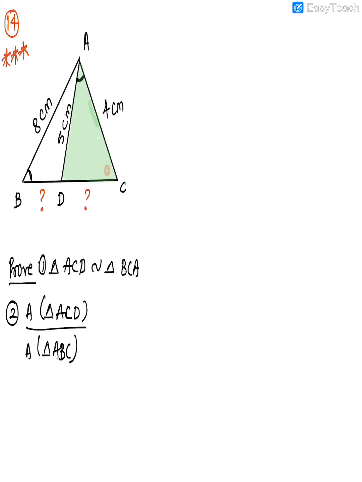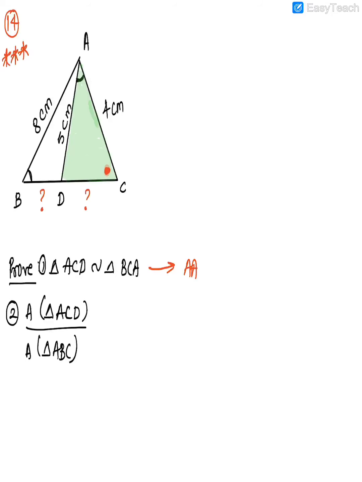Okay, we have to also find out the sides. So for finding sides, once you prove similar, what will you do? AC upon BC is equal to CD upon CA is equal to DA upon AB, and then all the reasons. Now what is AC equal to? AC is given as 4. What is BC equal to?